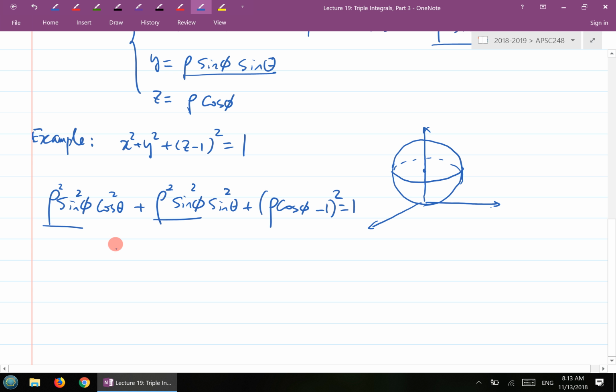So the first two terms yield rho squared sine squared phi. Then this term, (rho cosine phi minus 1) squared, let's expand it: rho squared cosine squared phi minus 2 rho cosine phi plus 1 equals 1.